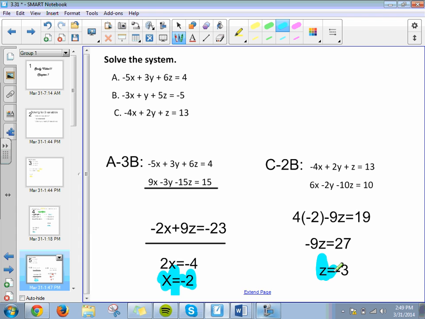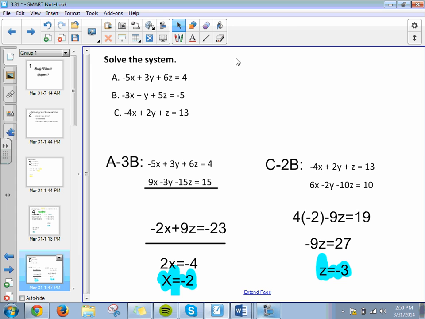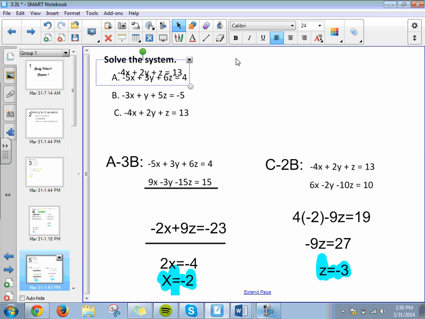So we know 2 of our 3 variables, so we can take what we know and plug it into one of them at the top. So the easiest one looks like it will be this bottom one. And I'm going to solve it in this space. Plug in my x, negative 2.